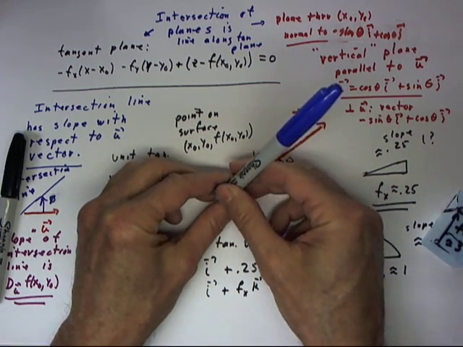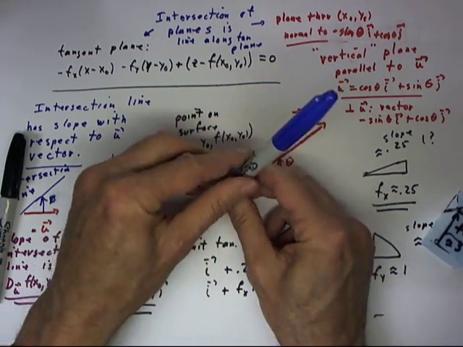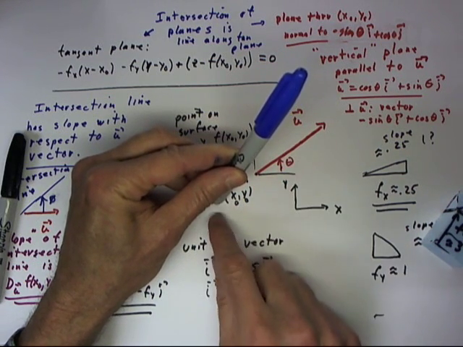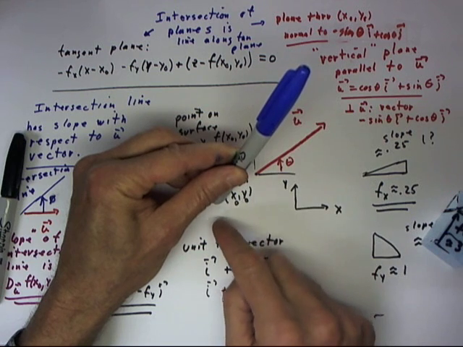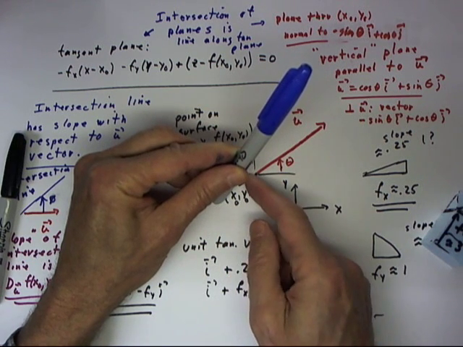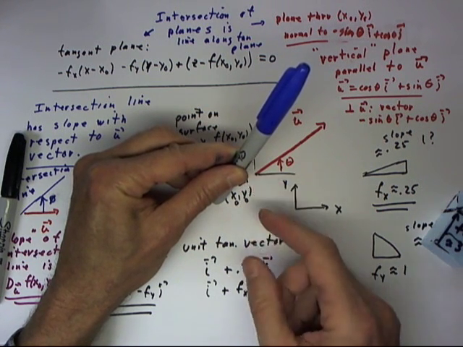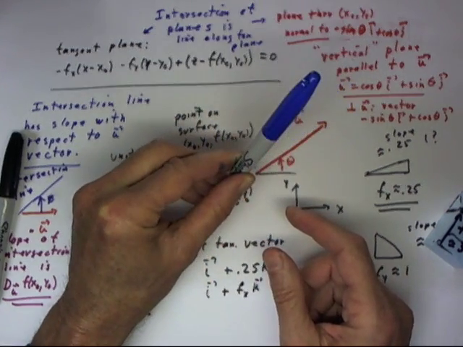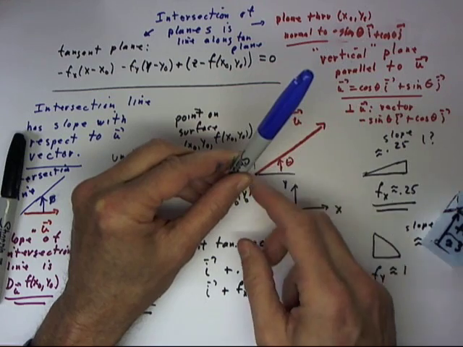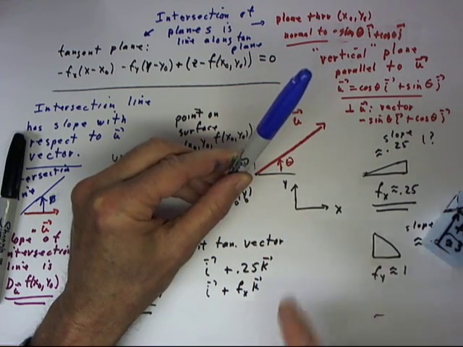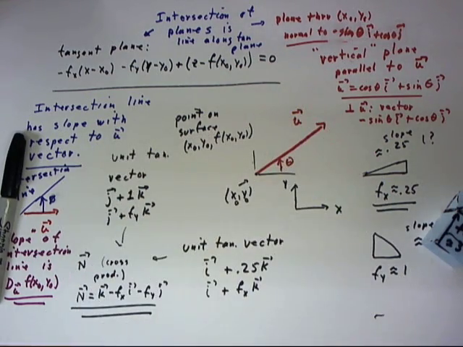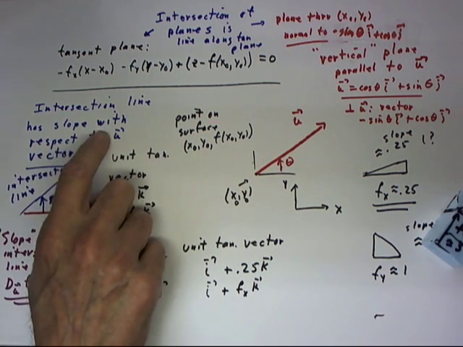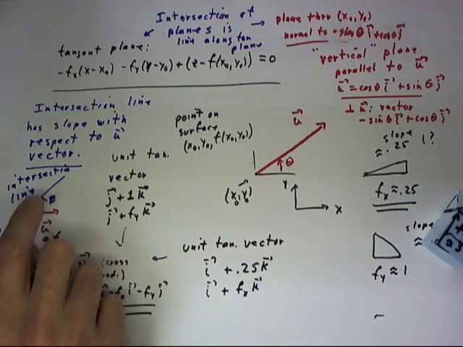Now, that angle, of course, I can move this u vector any place I want. If I move this u vector over to the base, the point of intersection of this line with the xy plane, then I can see that the angle is just the angle from the xy plane to here, and that's going to be the angle of this intersection line with the u vector. In that sense, we say that the intersection line has a slope with respect to the u vector.